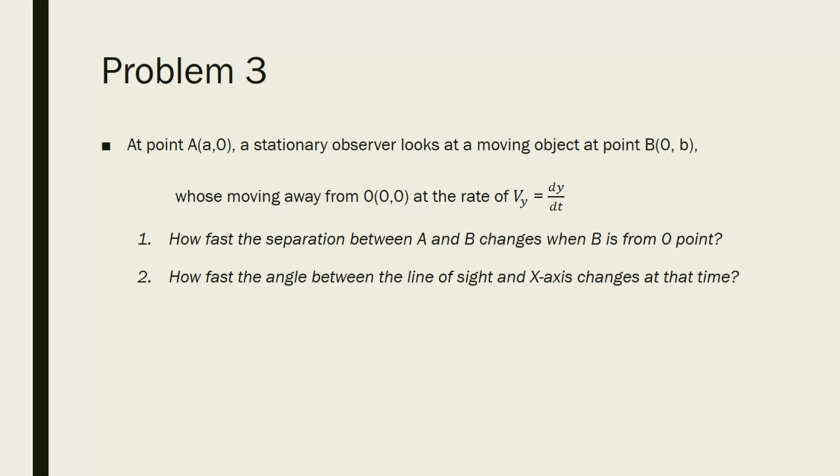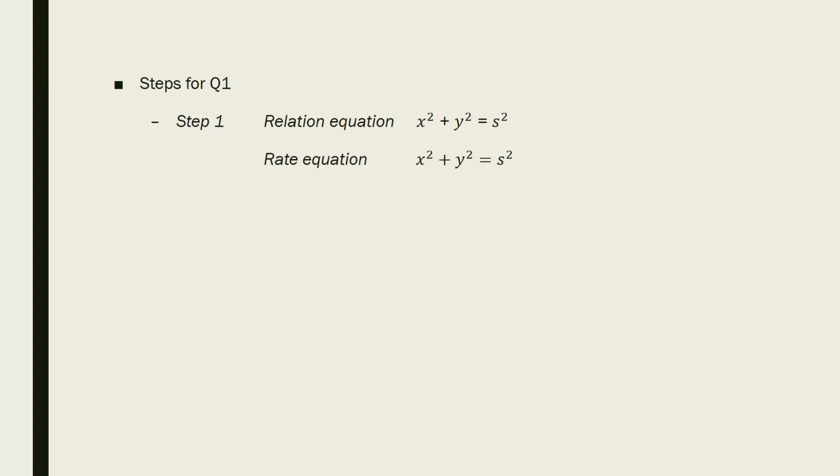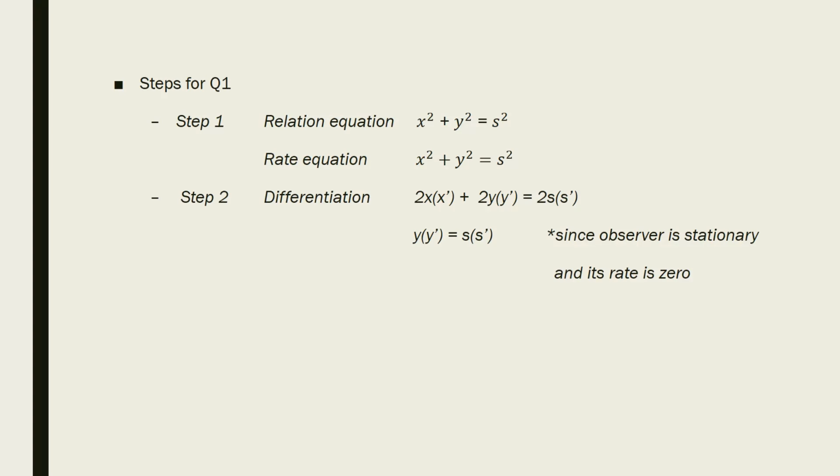And the second question is how fast the angle between the line of sight and the x-axis changes at that time. Let's solve the first question first. The first step is to find the relation equation and rate equation, which are the same in this case: x squared plus y squared equals s squared. S represents the distance between the two points. The second step is to differentiate the function.